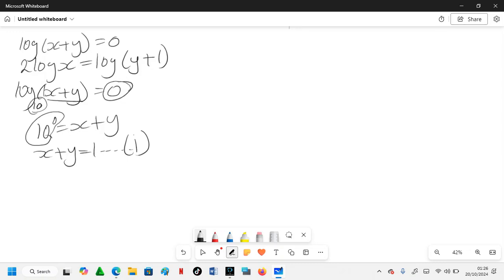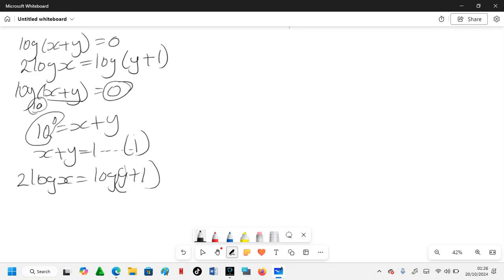And then look at the second equation. We can also deal with that. So that we have 2 log x is equal to log y plus 1.